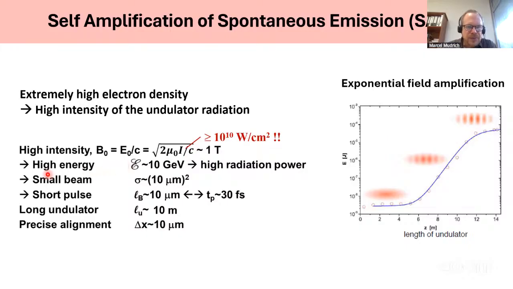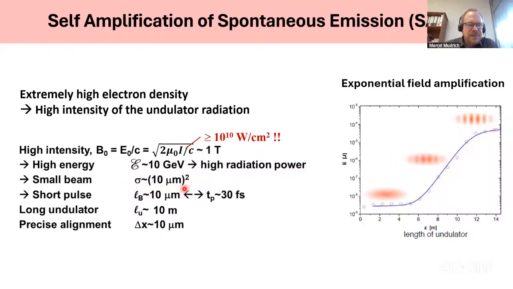It requires high electron energy in order to realize this high power of irradiated undulator radiation. I remember the formula for power scales as the electron energy squared, so every gigaelectron volt of extra electron energy will help us to increase the intensity of irradiated power.